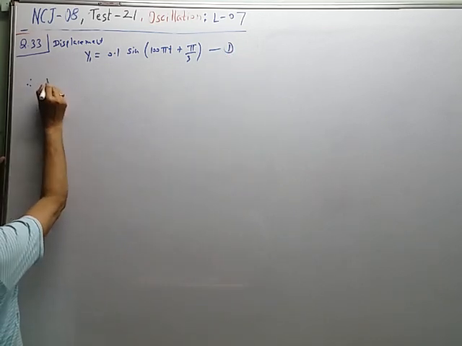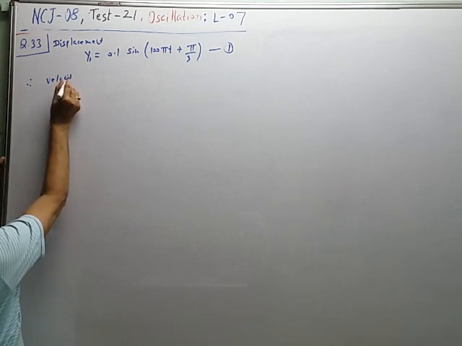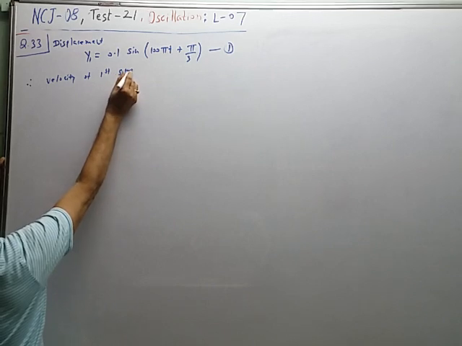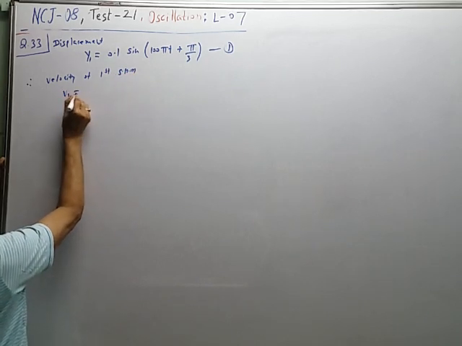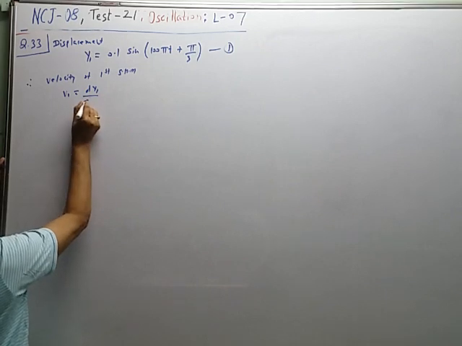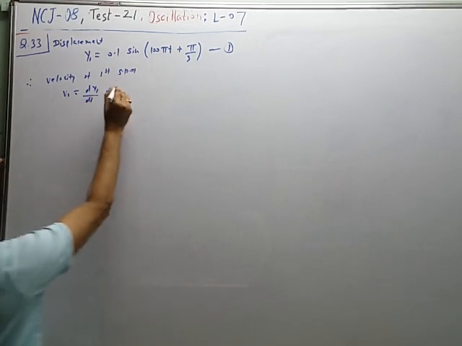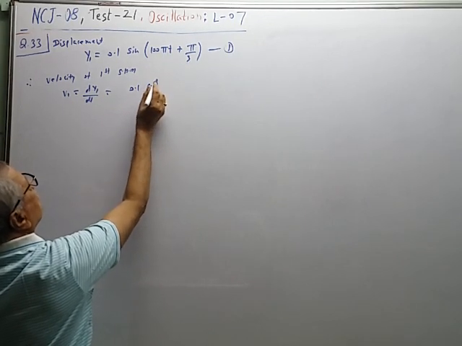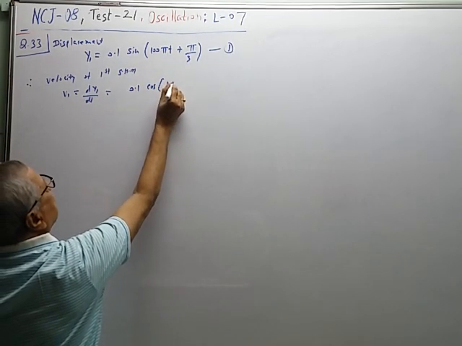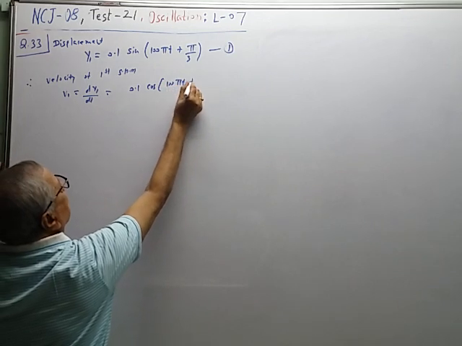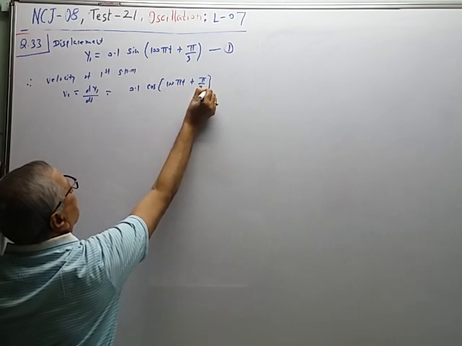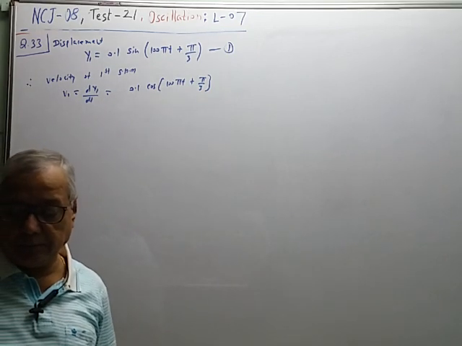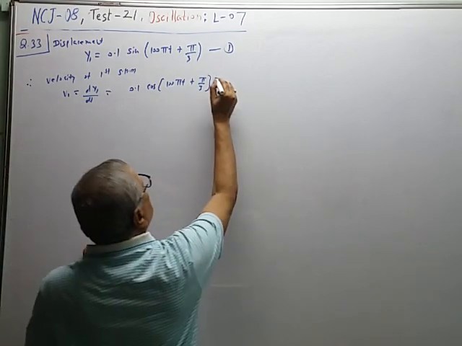Therefore, velocity of first SHM, v1 is equal to dy1 by dt. We have to take the derivative of this: 0.1, derivative of sine is cos, into (100 pi t plus pi by 3), multiplied by 100 pi. So this is equation 2.